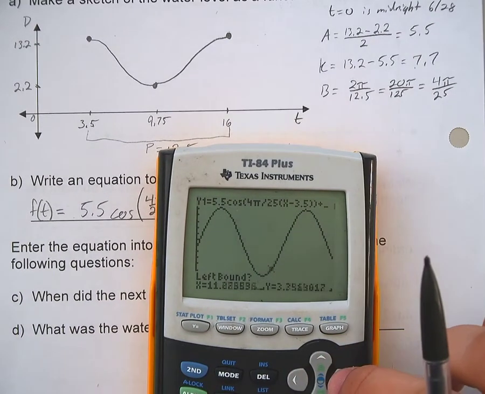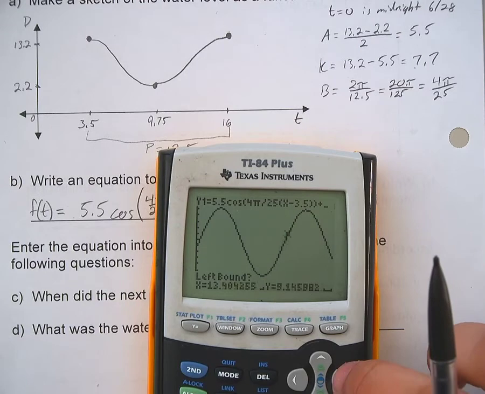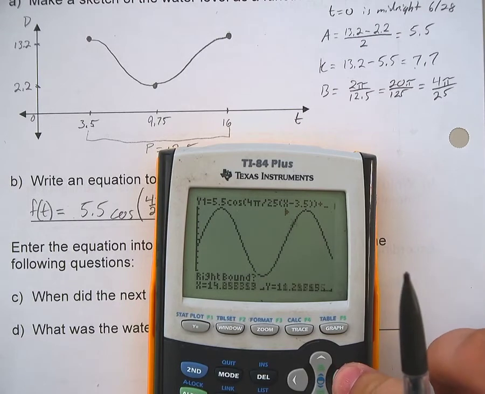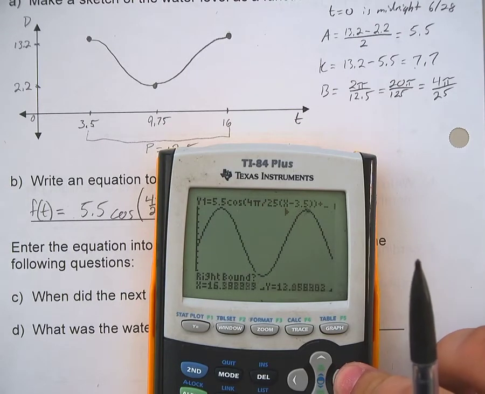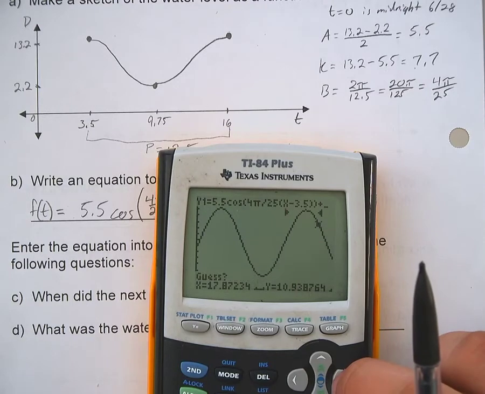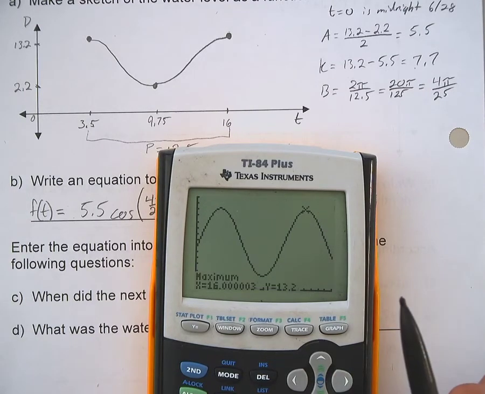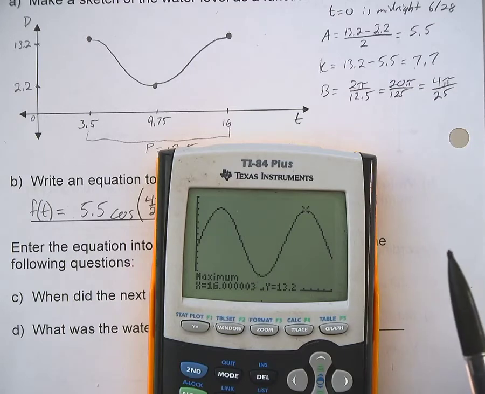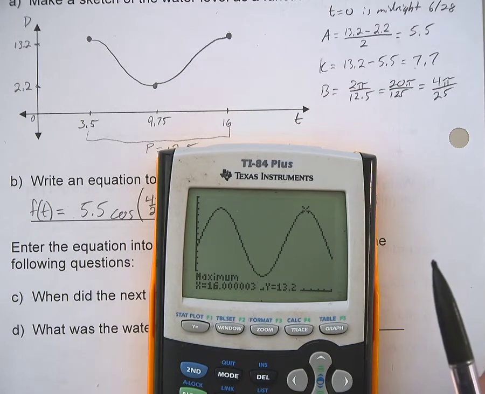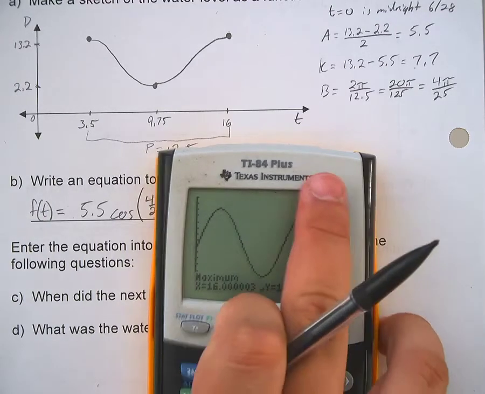I want to use this right hand side, so I want to do a left boundary, a right boundary, and I want to test it. So my maximum happens at 16. Now your calculator is not perfect, so it's going to say 16 point something, but it's close enough.